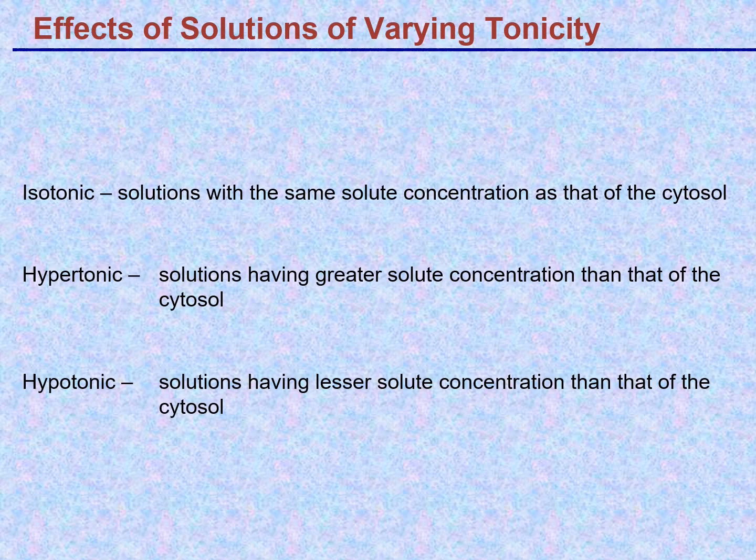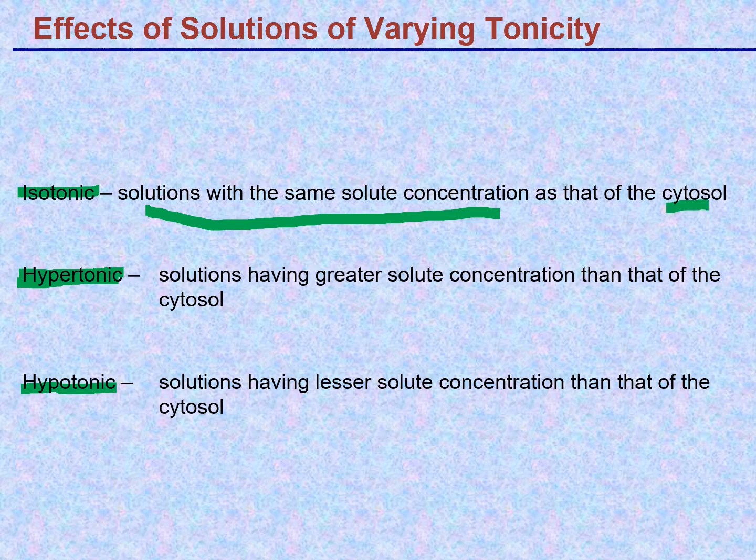In the end, we should always look at solutions in terms of their tonicity. There's isotonic, as I said earlier, hypotonic, and hypertonic. In an isotonic solution, the solute concentration is the same inside the cell as outside the cell. So the cytosol, the fluid of the cytoplasm, is the same as outside the cell.